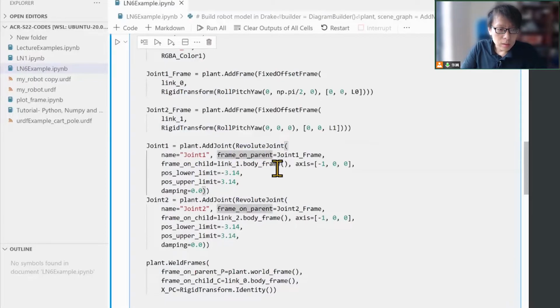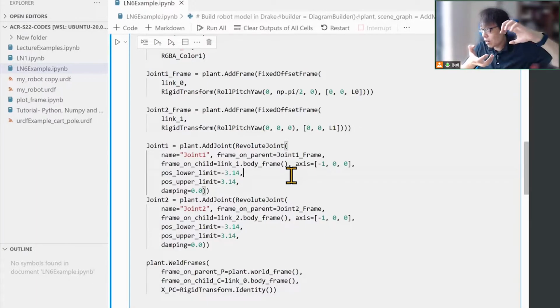Adding a joint mathematically means you want to make sure some frame on the parent body, which is link 0 here, and another frame on the child body, link 1, are recognized as the same frame, okay?